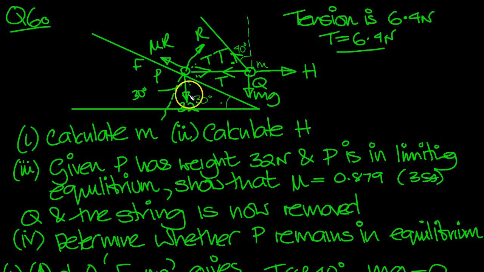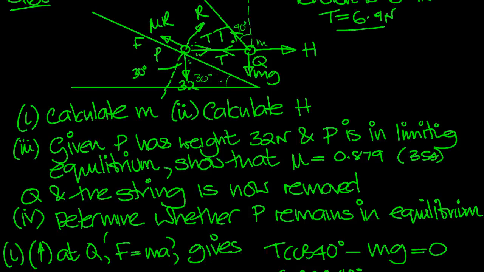Oh, that's removed. So it's simply 32. So resolving forces down the slope, we're going to have 32 cos of this angle, which is 60. This is 30, this is 60, 32 cos 60.